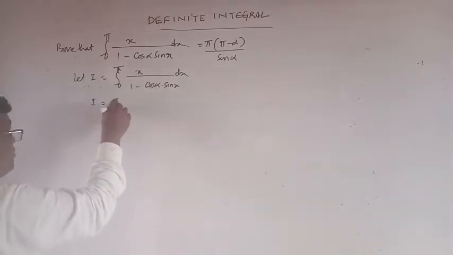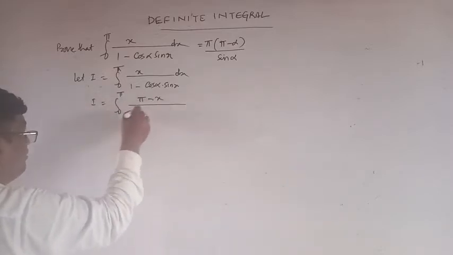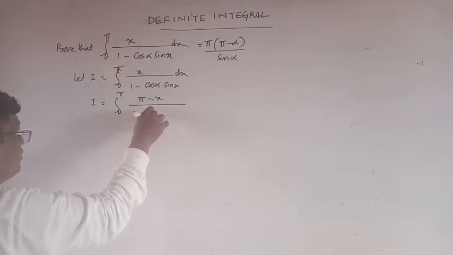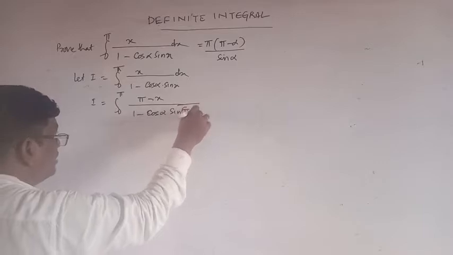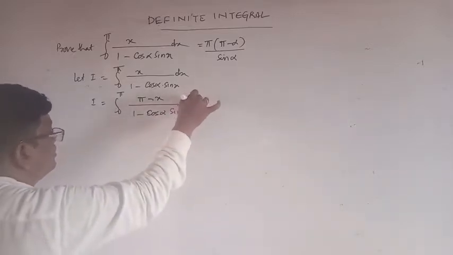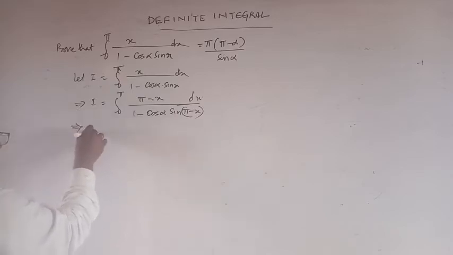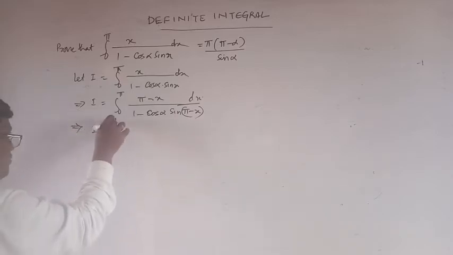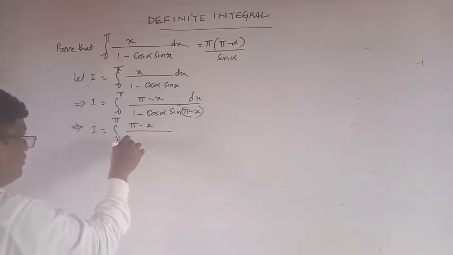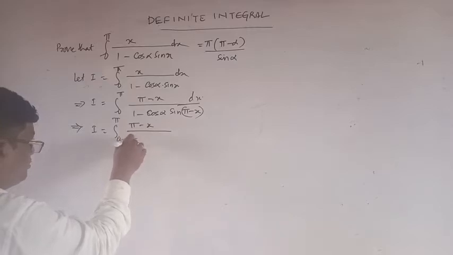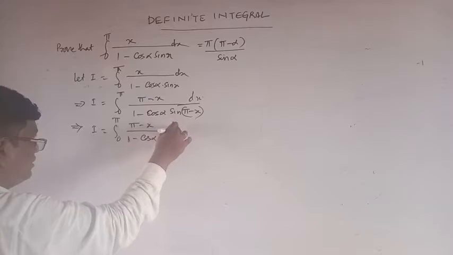I is equal to integral from 0 to pi of (pi minus x) divided by (1 minus cos alpha times sin(pi minus x)) dx. So I is equal to integral from 0 to pi of (pi minus x) divided by (1 minus cos alpha times sin x) dx.